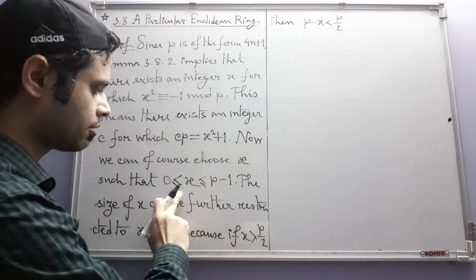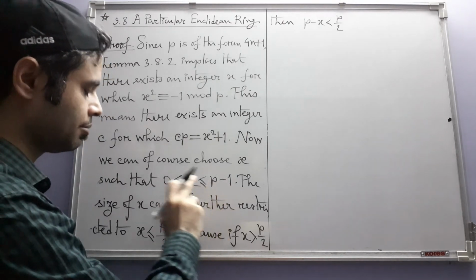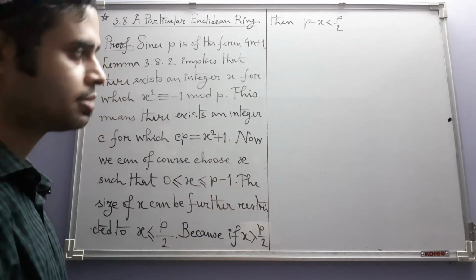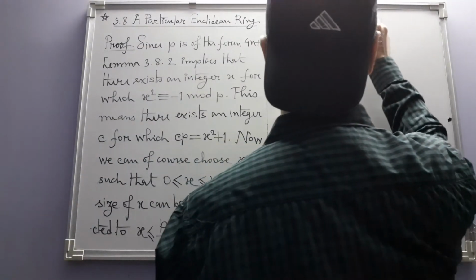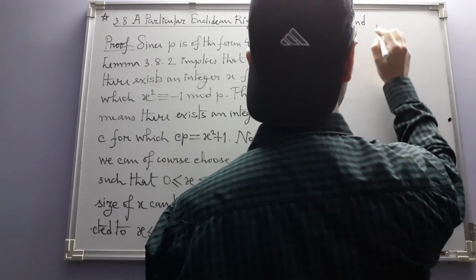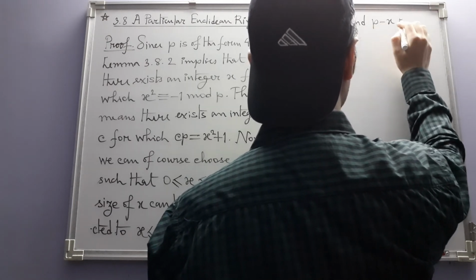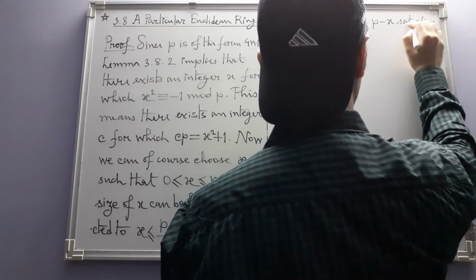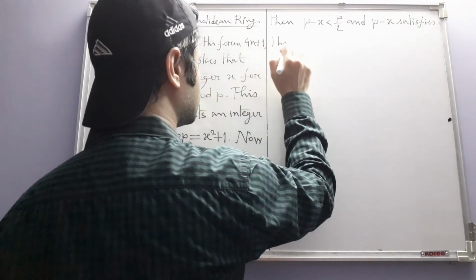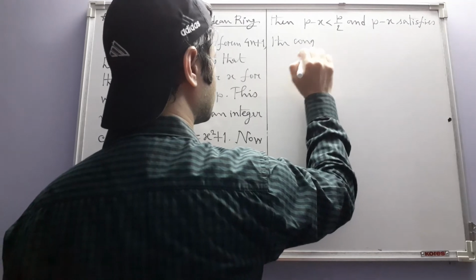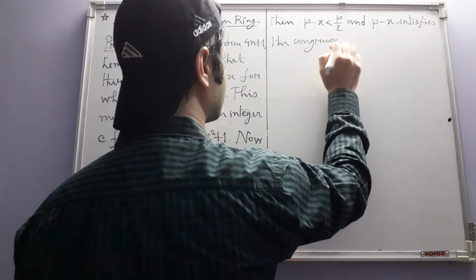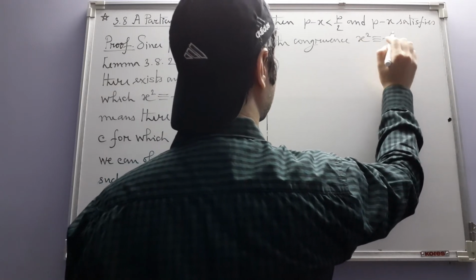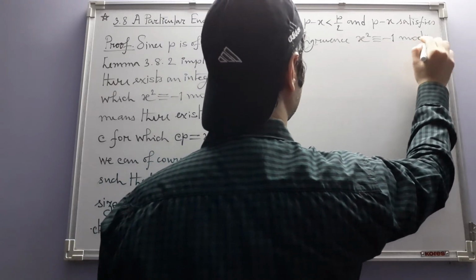Because x is strictly less than p, so p minus x is greater than 0, and p minus x satisfies the congruence x square congruent to minus 1 mod p.